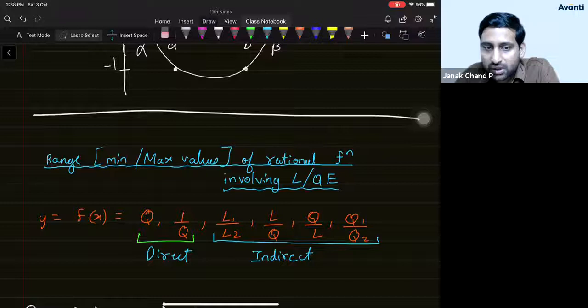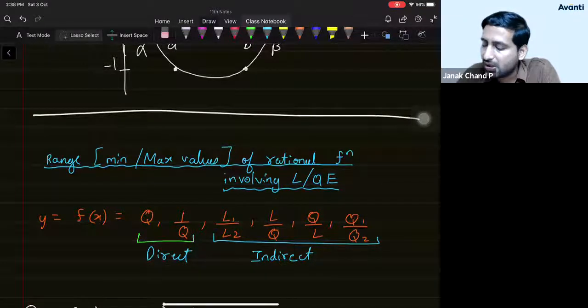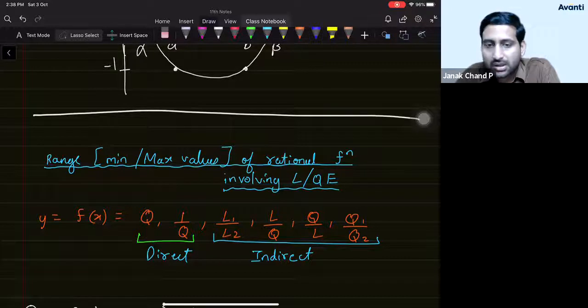So, when you're solving any question on JEE, if you are required to find the maximum and minimum value of these kinds of rational functions, then you should use the technique that I'm going to discuss now. Right? Fine. Basically, there are two kinds of questions here.